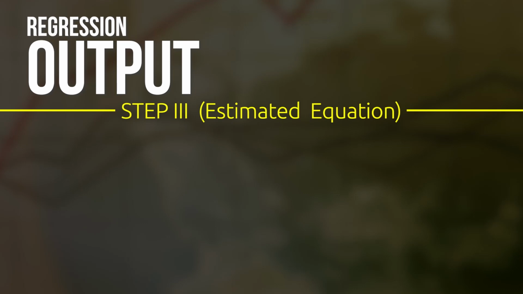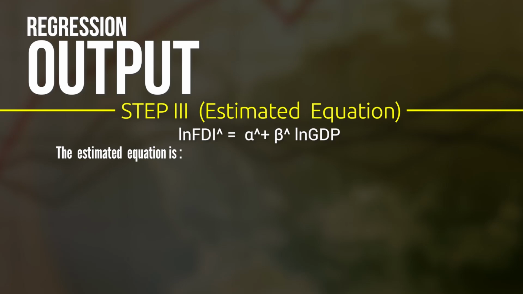So in this particular equation, we observe that ln FDI hat, which is the predicted value of the dependent variable, is equal to alpha hat plus beta hat ln GDP, where ln GDP is the independent variable. Now, as per our numerical results, alpha hat is 2.24, which is the estimated value of the intercept, and the beta hat value is 0.45, which is the slope coefficient of this equation.